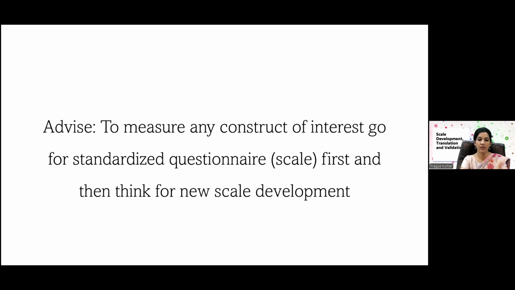Now if you see the various steps in scale development, you need to measure something. Let's say, like that girl was saying, she is measuring health literacy. That is the construct for her to measure. Then you see whether any already existing scale is there or not.